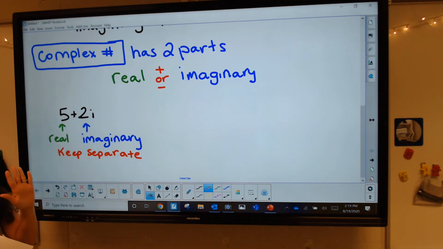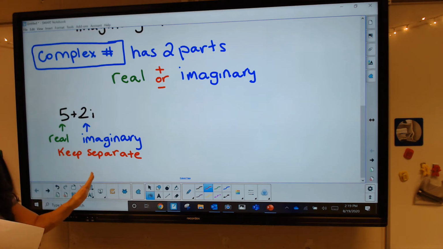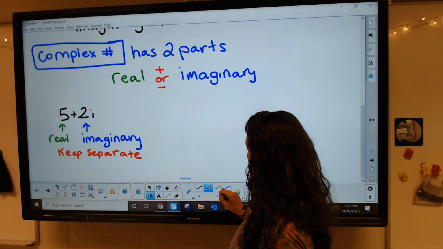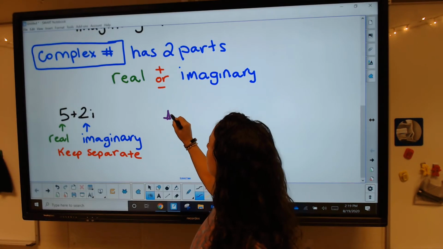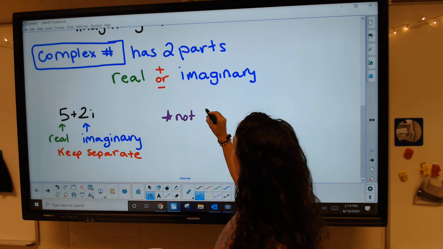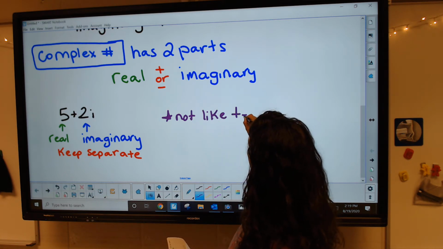And we always write it in this order. The real number, the number without i, always comes first, and the part with i always comes second. We'll make a note over here: cannot combine, not like terms.